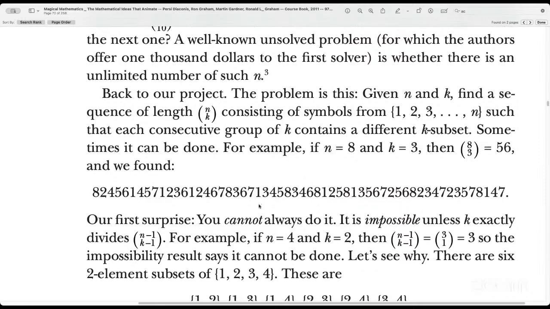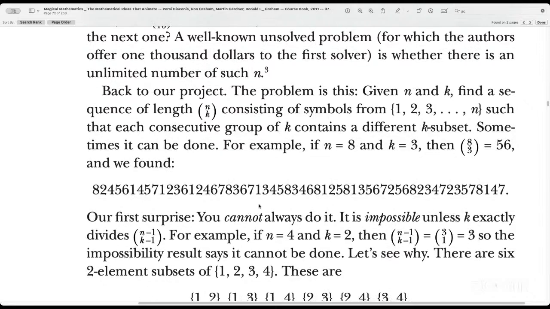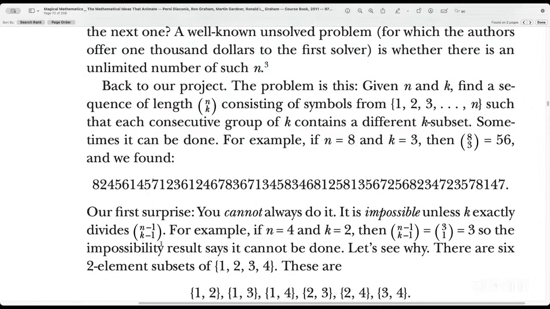So if k does not divide n minus 1 choose k minus 1, you simply cannot do this, because we know this to be true: every occurrence of 1, or any number for that matter, multiplied by k must give you, if you're going to see everything exactly once, that product, n minus 1 choose k minus 1.